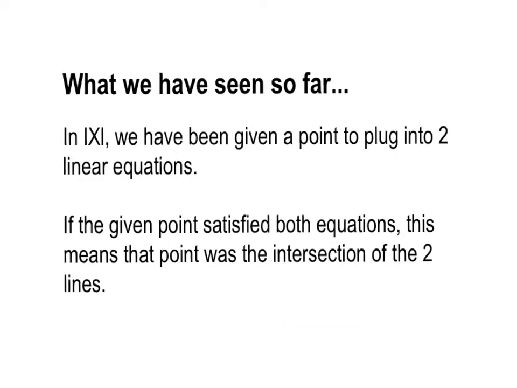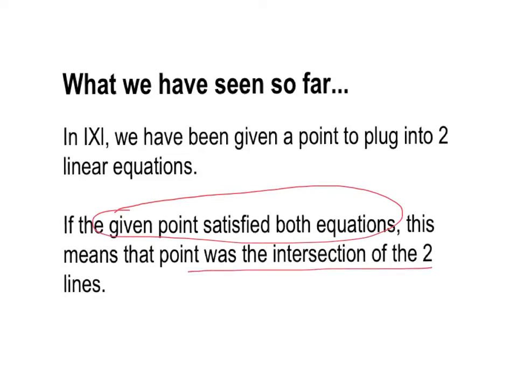We've already worked in IXL on plugging points into two equations to see if they work. So we learned that if a point satisfies both equations, then that is the intersection of the two lines. Let's move on and see what that looks like with graphing.